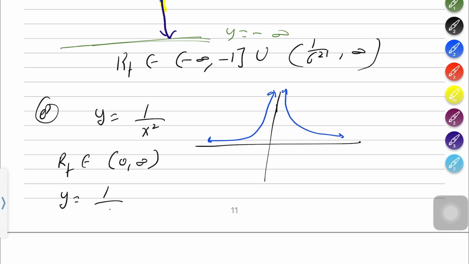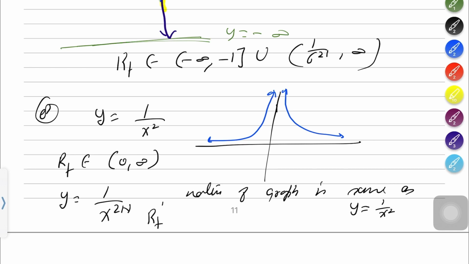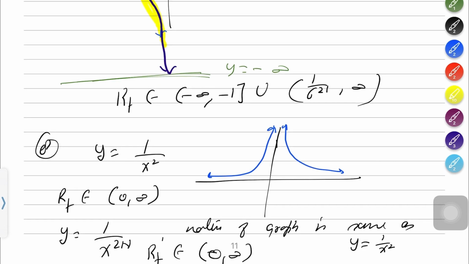And I can extend it: y is equal to x to the power 2n, where n is a natural number, has the same graph. The nature of the graph is the same as y is equal to x square, and that's why the range of this function will also be 0 to infinity. Okay, so these are the basic algebraic functions.